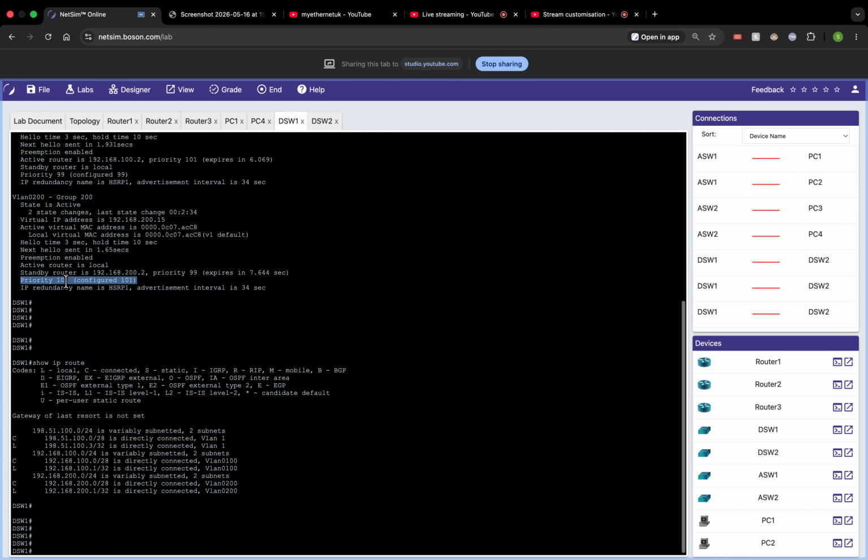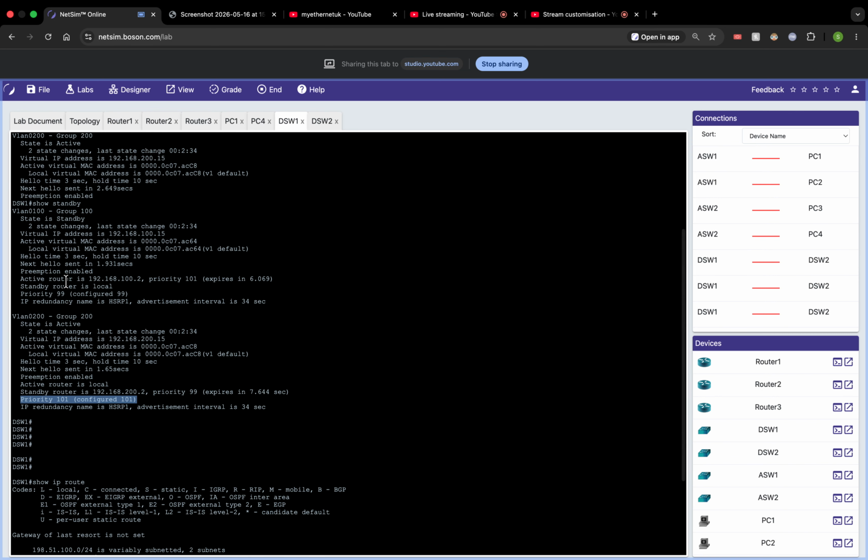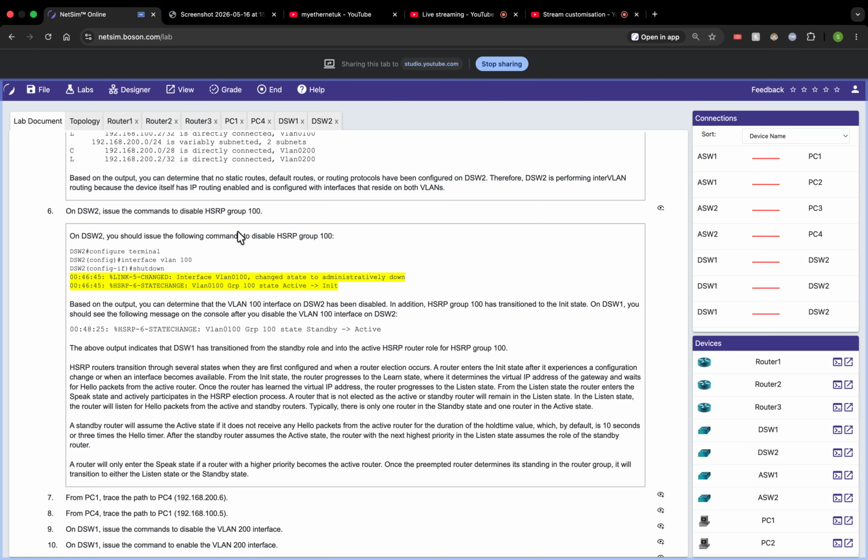Sorry, I'm just checking my book. Let's have a look at what the document says. We need to issue the commands to disable group 100. So what we do is interface VLAN 100 and we just shut down that VLAN. That will change the state to administratively down.